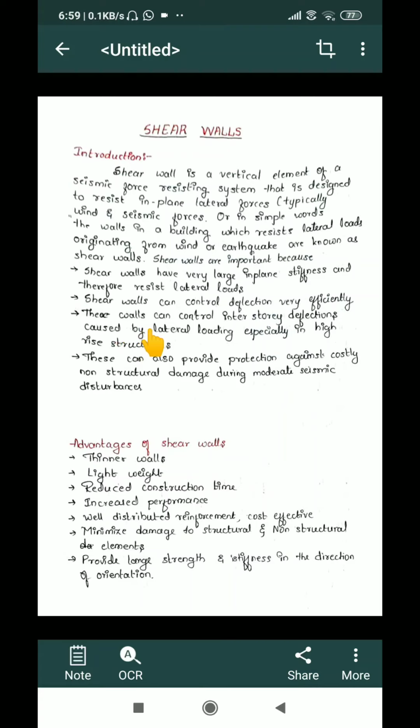Next is shear walls control the interstory deflections caused by lateral loading, especially in high-rise structures.